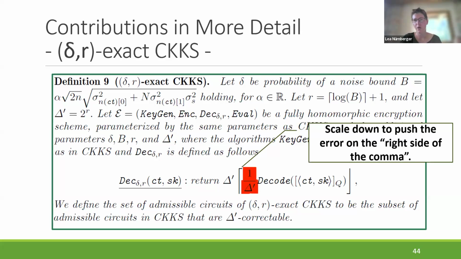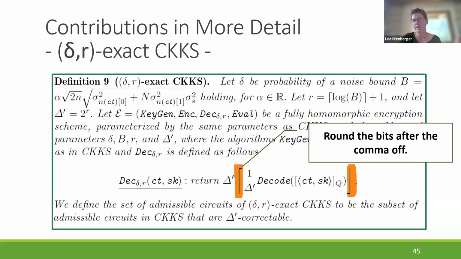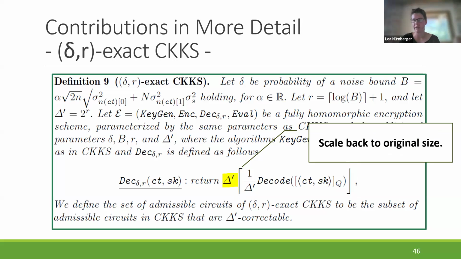So essentially, we try to push all the error to the right side of the comma. The scaling factor is determined by bounds on the noise that we calculate from the standard deviation, as can be seen from the first and second line of the definition. Then we round the whole thing. So now we cut off all the bits that are on the right side of the comma. And then we scale the whole thing back to its original size so that we're only left with the green message bits.